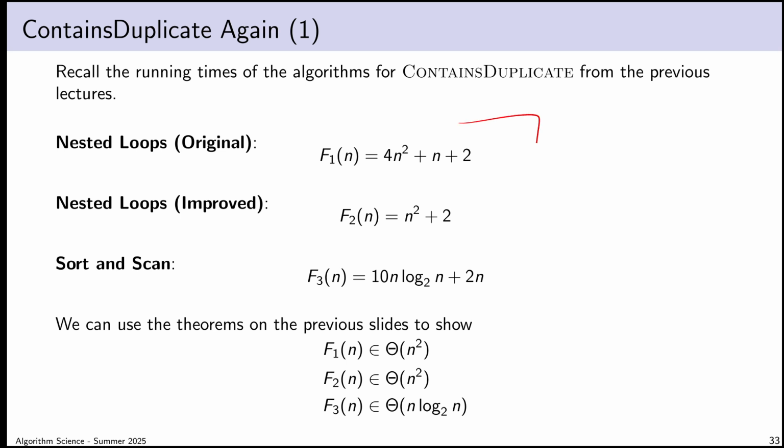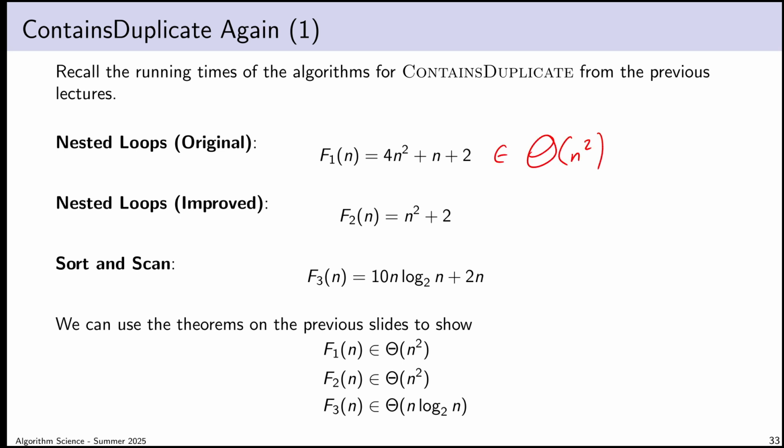But here are 3 analytical running time expressions that we derived in the previous lecture. So we've got our original nested loops algorithm, our improved nested loop algorithm, and the sort and scan algorithm, and they have these 3 running times. We can use the theorems on the previous slides to show that f1 is big theta of n squared.